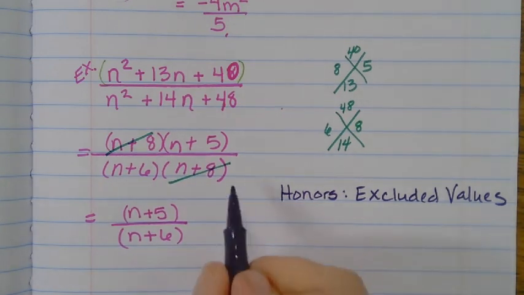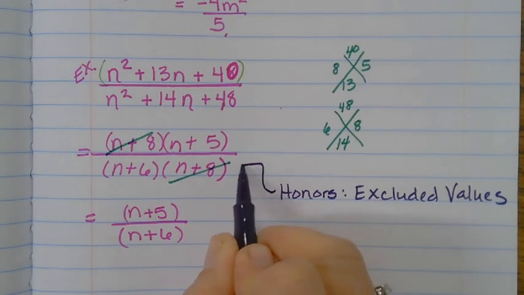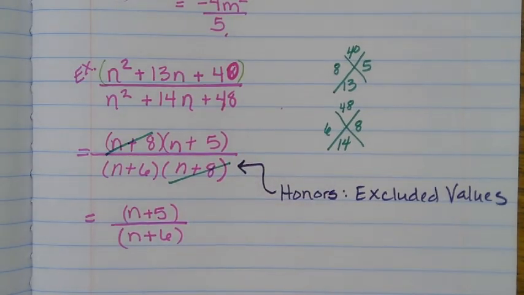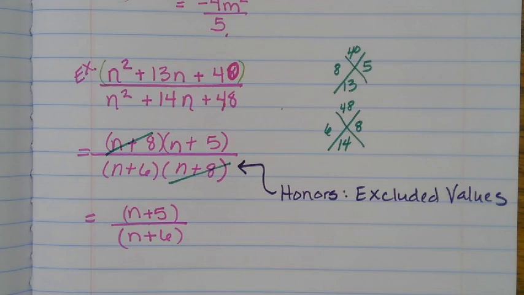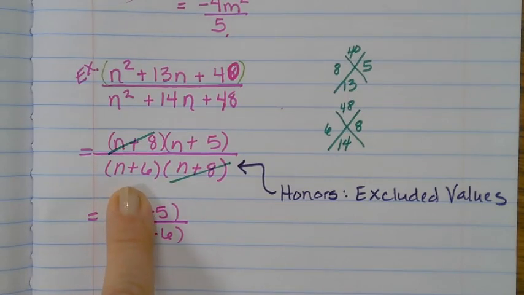So you want to look after you factor, before you start reducing. You're going to look at your denominator and say, are there any values there that would make that denominator 0? So what about the first parenthesis?